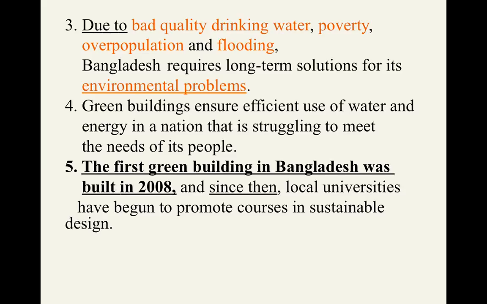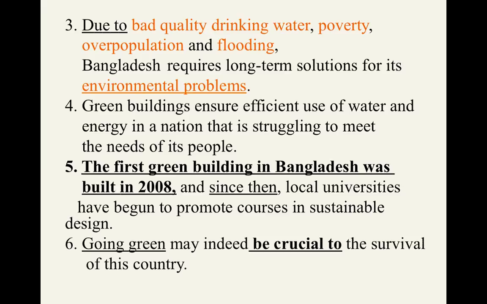And the next one emphasizes it again. Going green may indeed be crucial to the survival of this country. Going green is a popular term nowadays. Later on, I will explain how to use the phrase be crucial to. That means it's urgent or essential to make the country still exist on Earth.